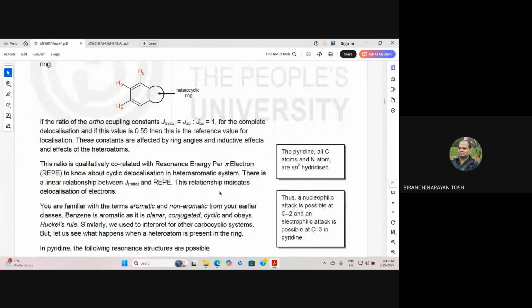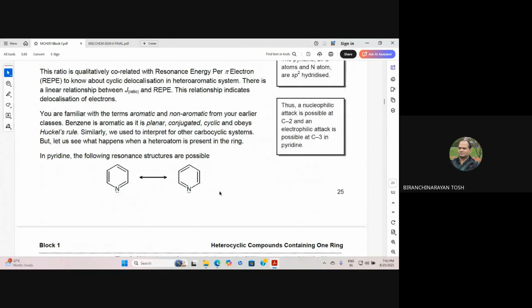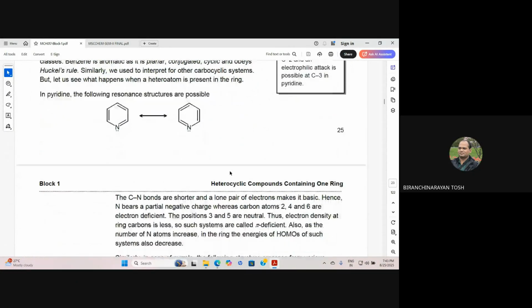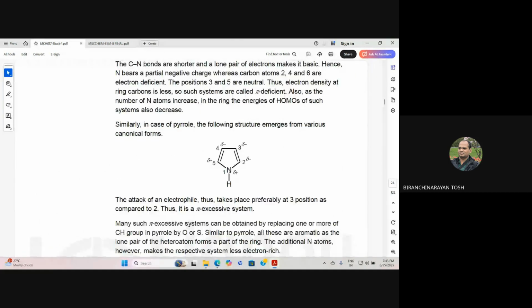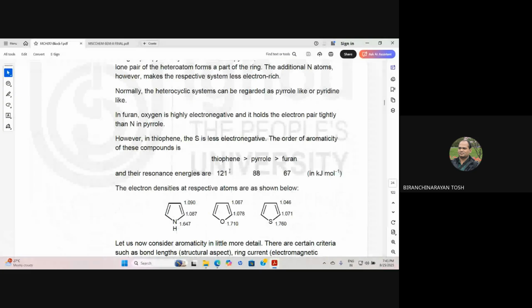There is a linear relationship. You can see in pyridine, the following resonance structure occurs. Basing upon that, we have some values for the resonance energy for thiophene, for pyrrole, and for furan.